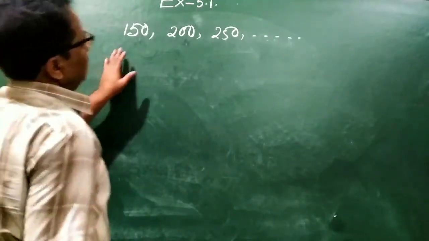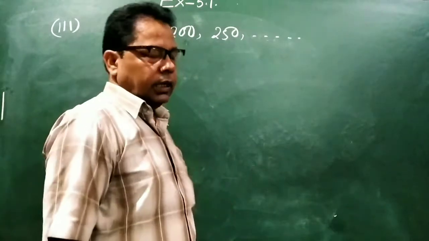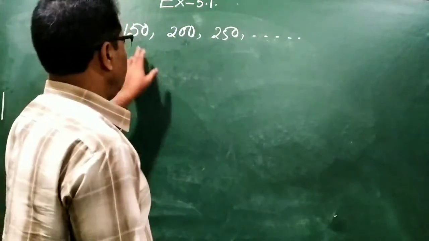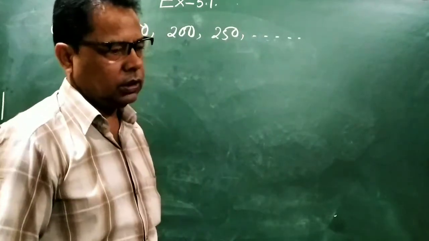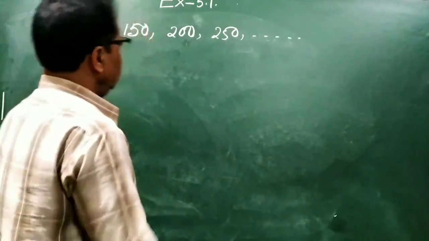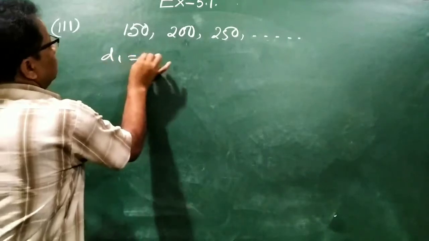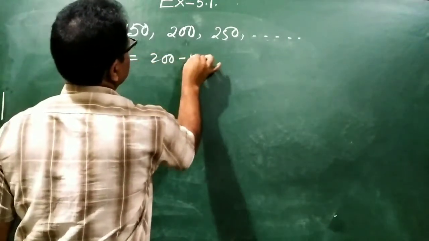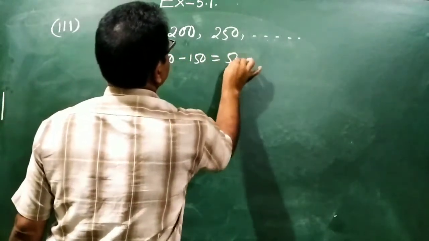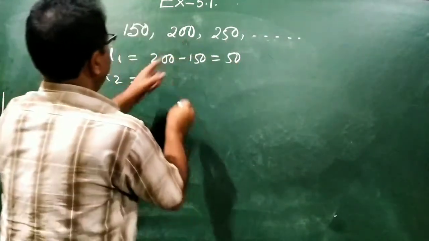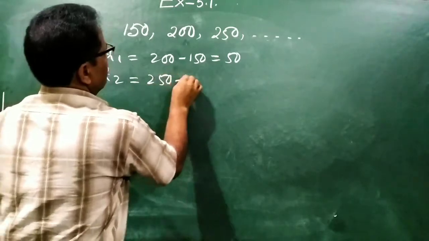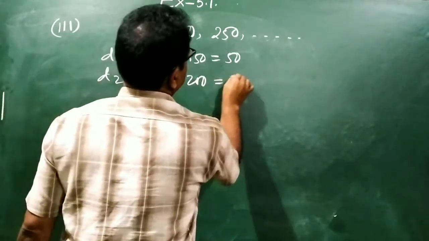Now, is it an arithmetic progression? Here we understand clearly that all these numbers are bigger by 50, so it will be an arithmetic progression. Let's check mathematically. D1 is 200 minus 150, which is 50 rupees, and D2 is 250 minus 200, this is 50 rupees.